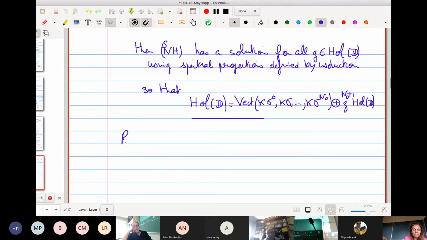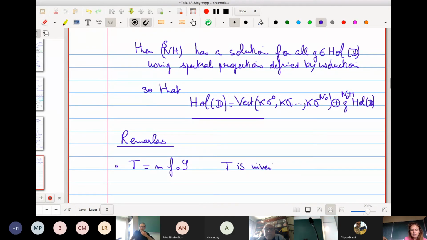Some remarks. The first remark we can make is that when you have T, a weighted composition operator, it's not difficult to prove that T is invertible on all of D if and only if phi is an automorphism and the weight has no zero.